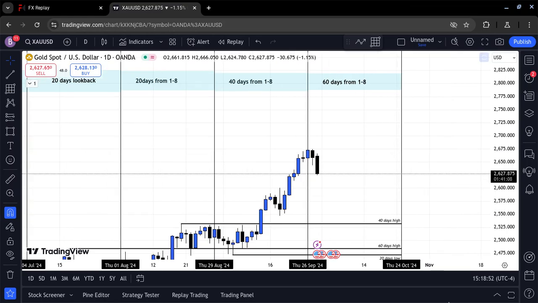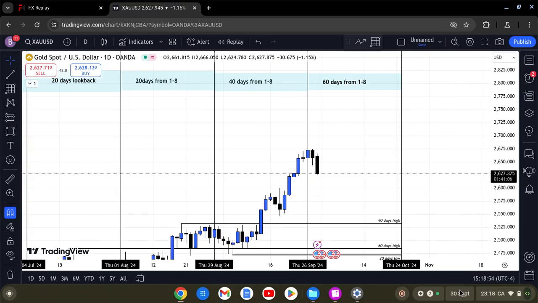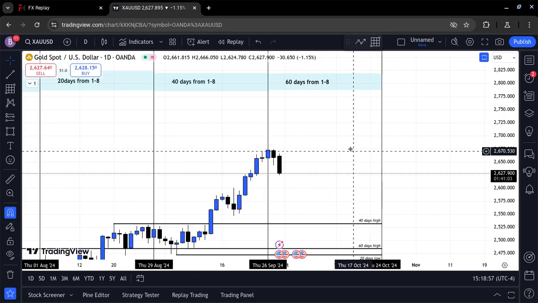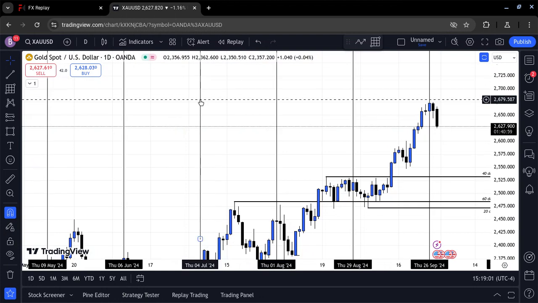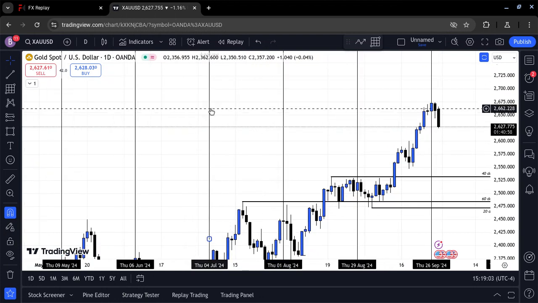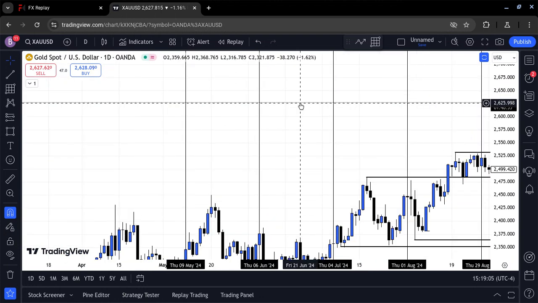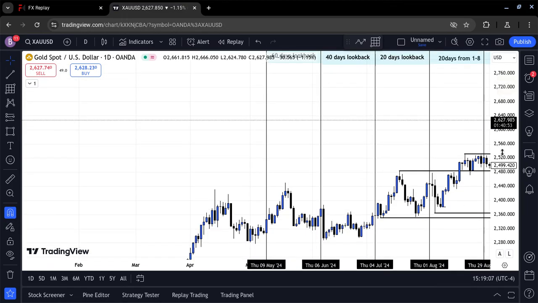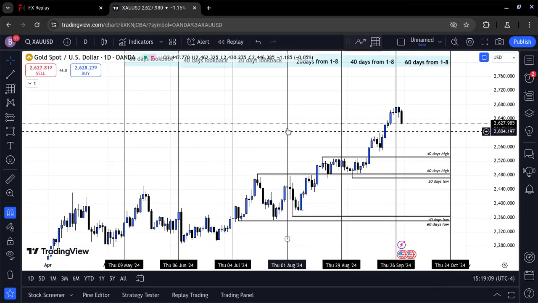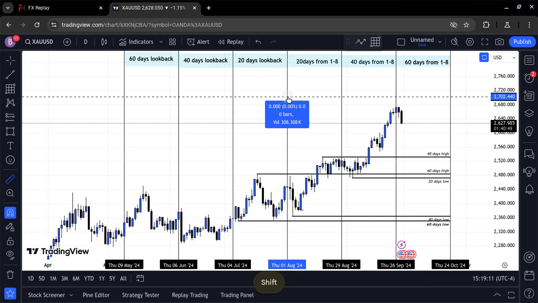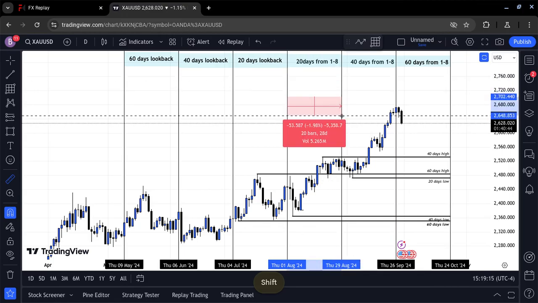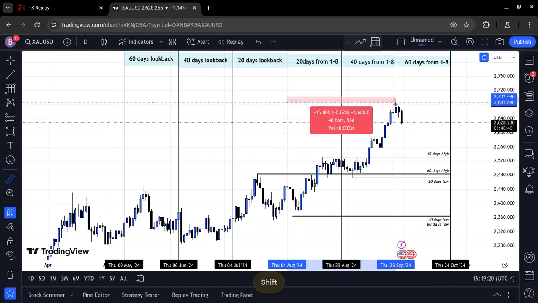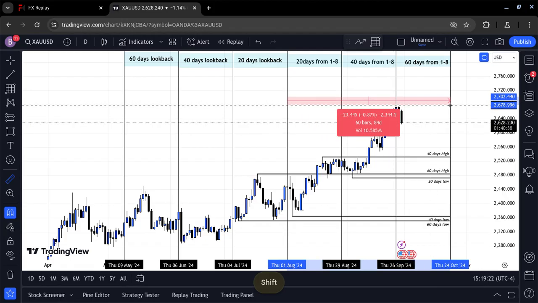All right, today is the 30th of September, and if you would remember, I was using the month of August. Right here, month of August. This is the 20-day look forward from the 1st of August. This is the 40 days, and this is the 60 days.